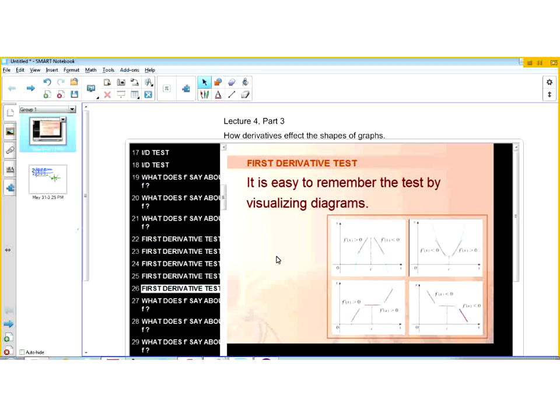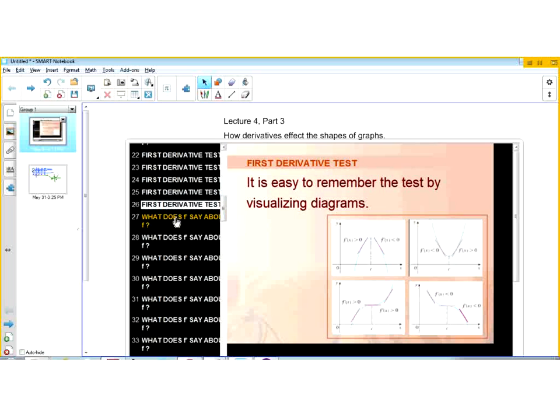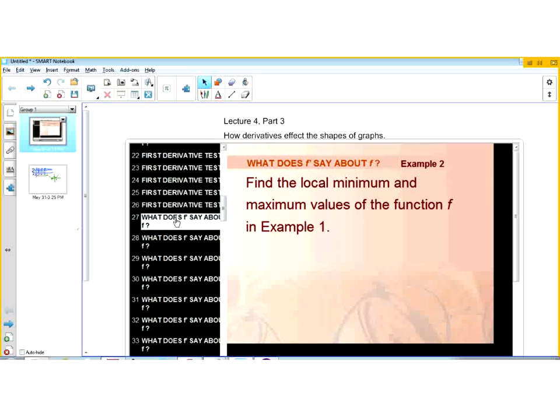You can remember these diagrams for max, min, and nothing going on. So these are the four diagrams that can help us visualize the first derivative test for any function.